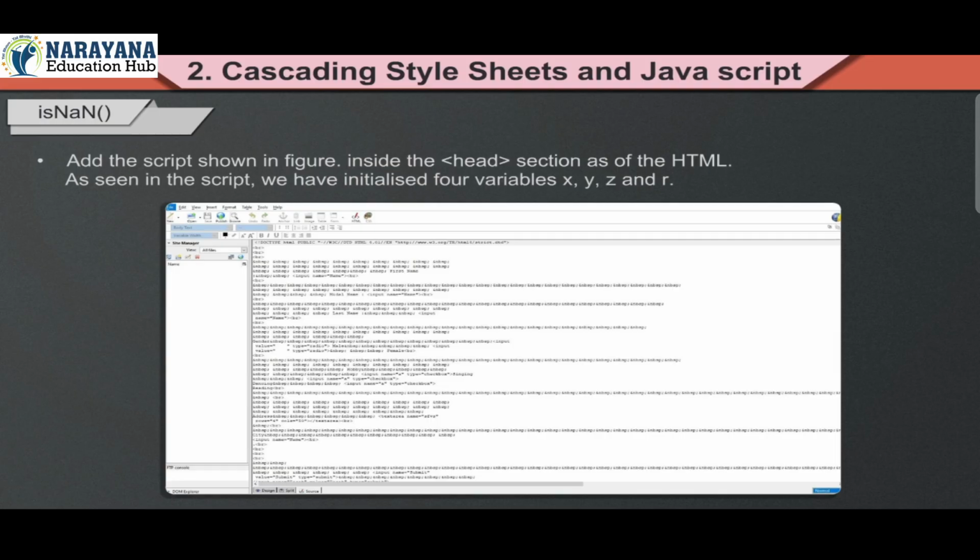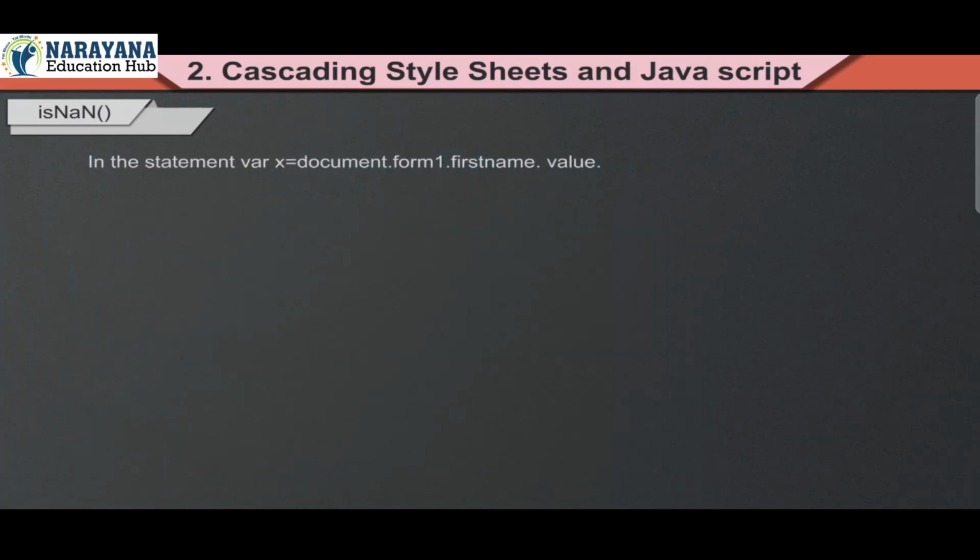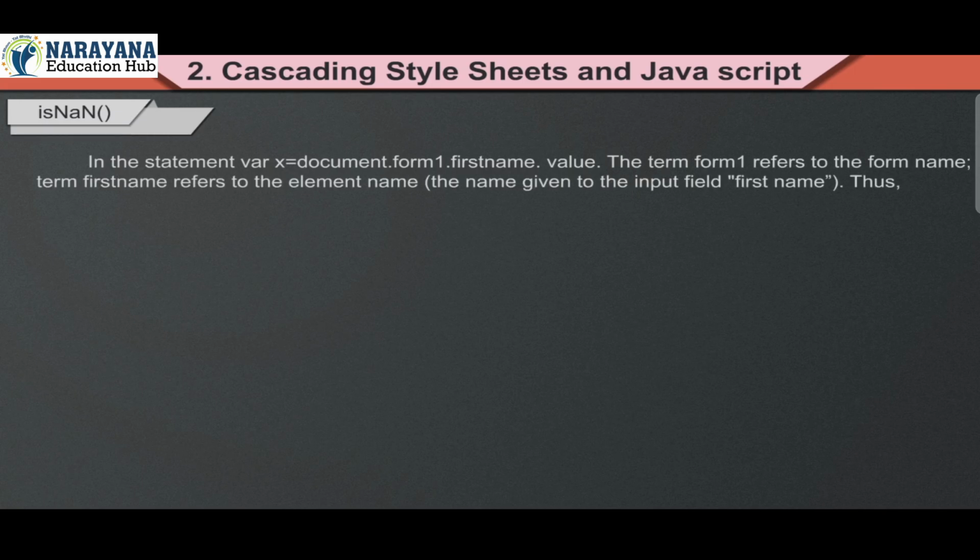As seen in the script, we have initialized 4 variables: small x, small y, small z and small r. In the statement var x = document.form1.firstname.value, the term form1 refers to the form name.